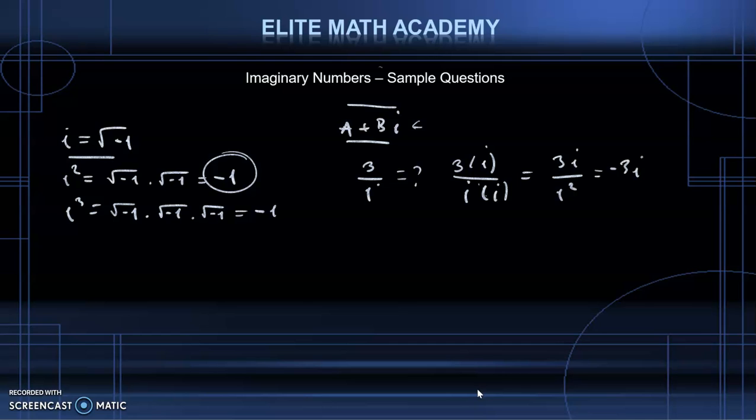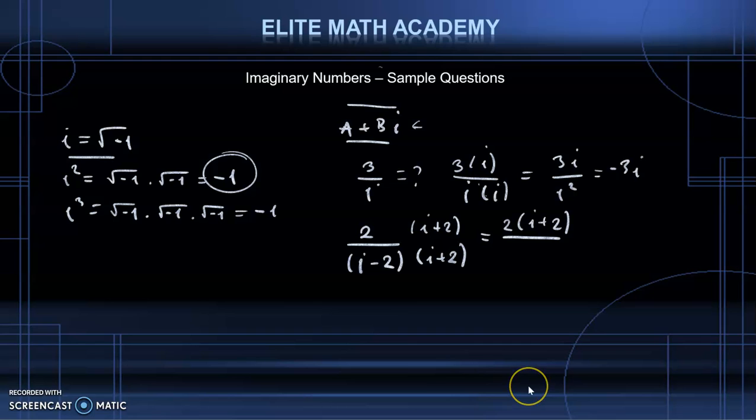And the fractions could be a bit more complex, like in this example, 2 over i minus 2. The easiest thing to do is to multiply the top and the bottom, the numerator and the denominator, with i plus 2. Now, the numerator becomes 2 times (i plus 2).